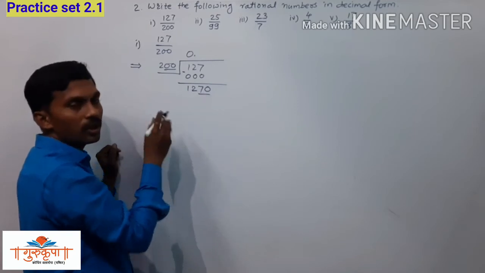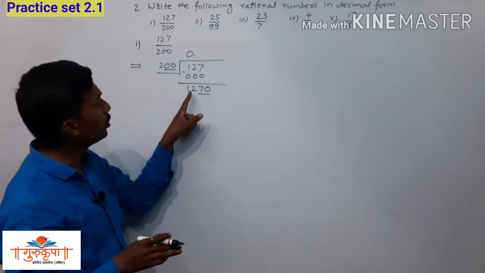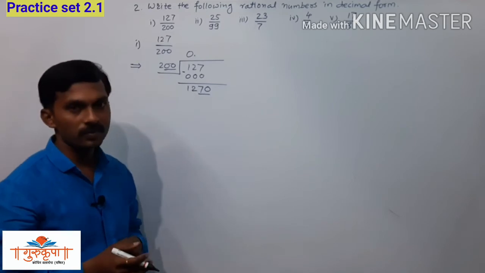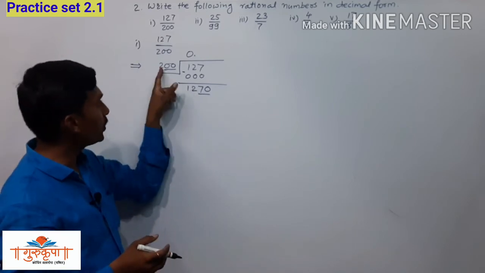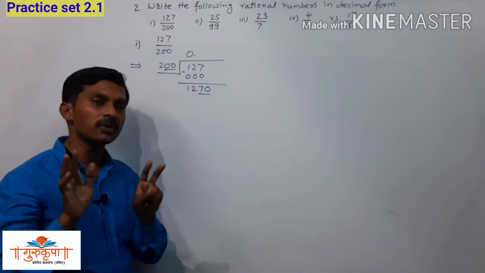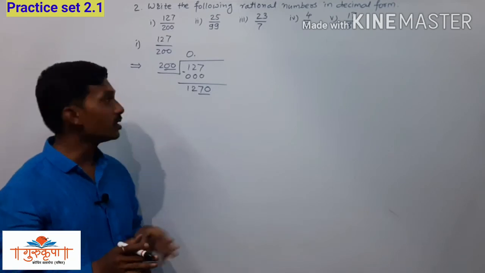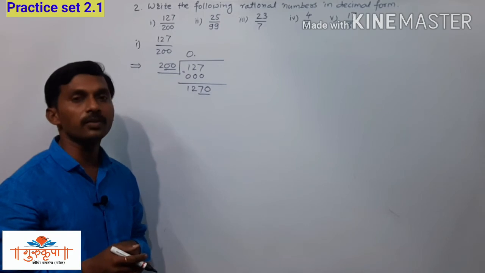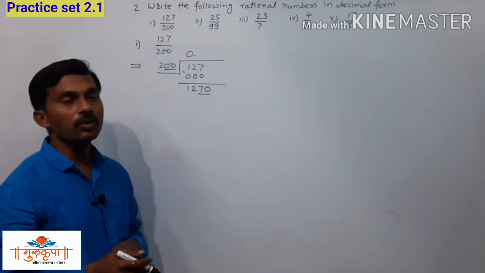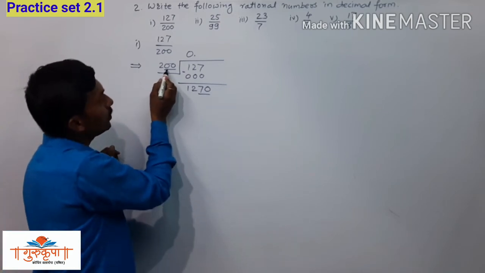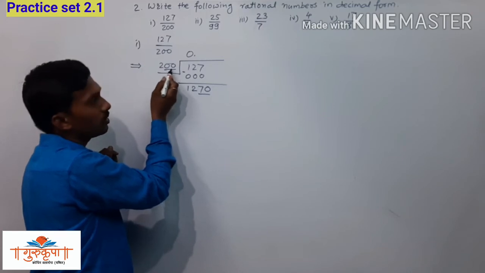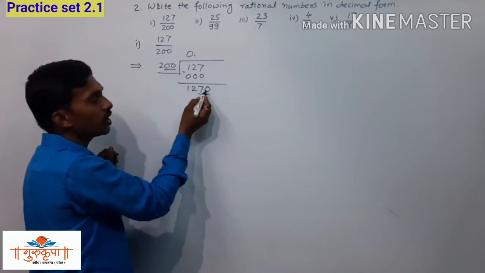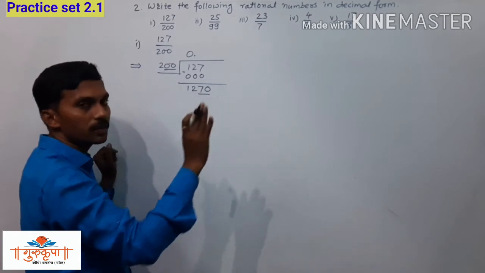Now we have to divide only 12 by 2, that is called approximation, since we don't know the table of 200. So we skip these 2 digits, ones place and tens place, here also.